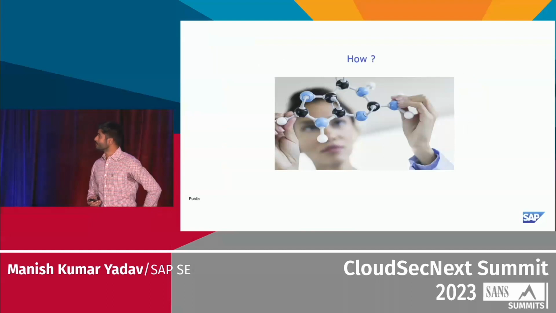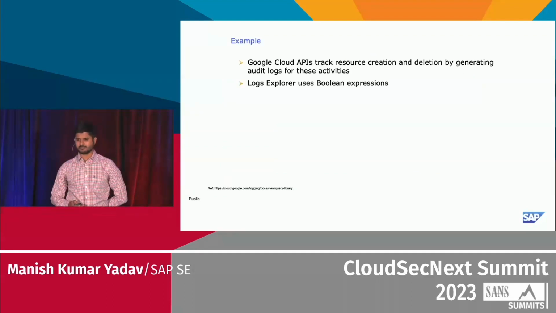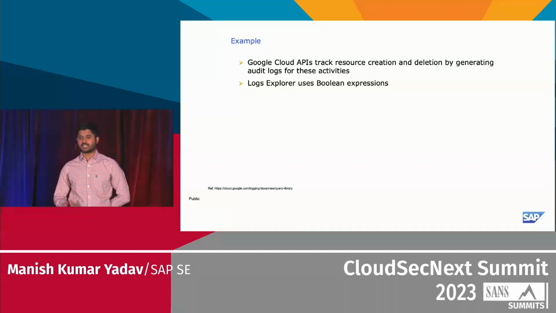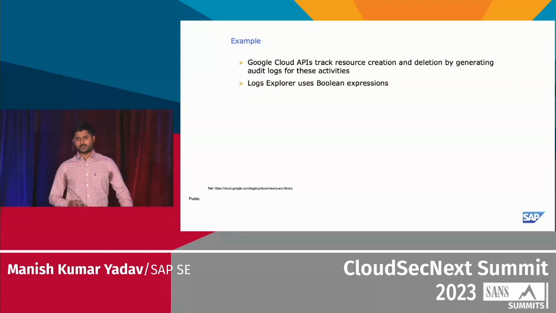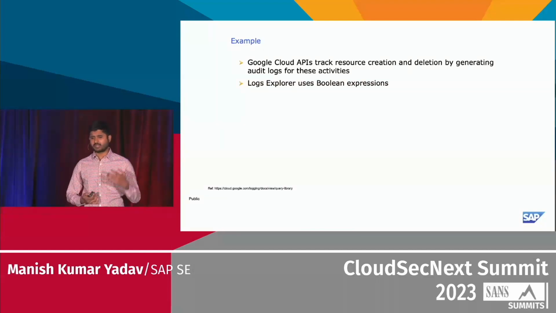Okay, so coming to the next one, how we can do that. This is one example where the cloud APIs track the resource creation or deletion by generating audit logs for these activities. So you hit something to the cloud, and whether you're trying to create, delete, or whatever you're trying to do, you'll get those activities captured.